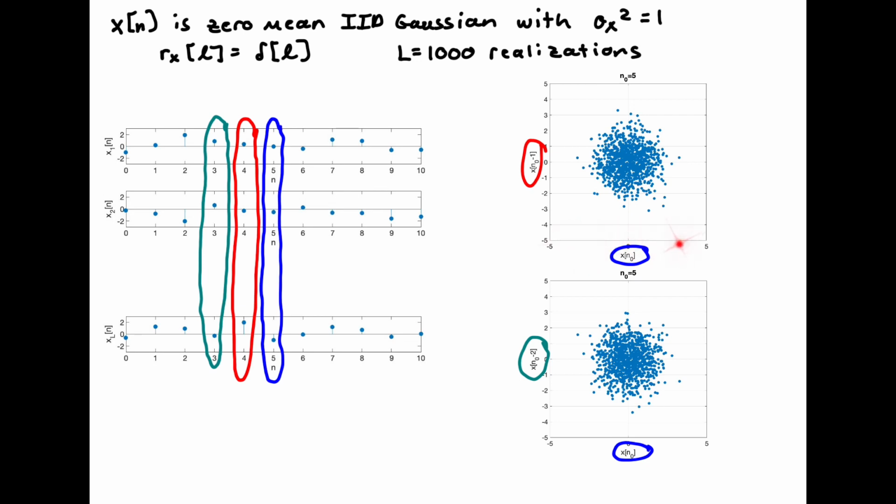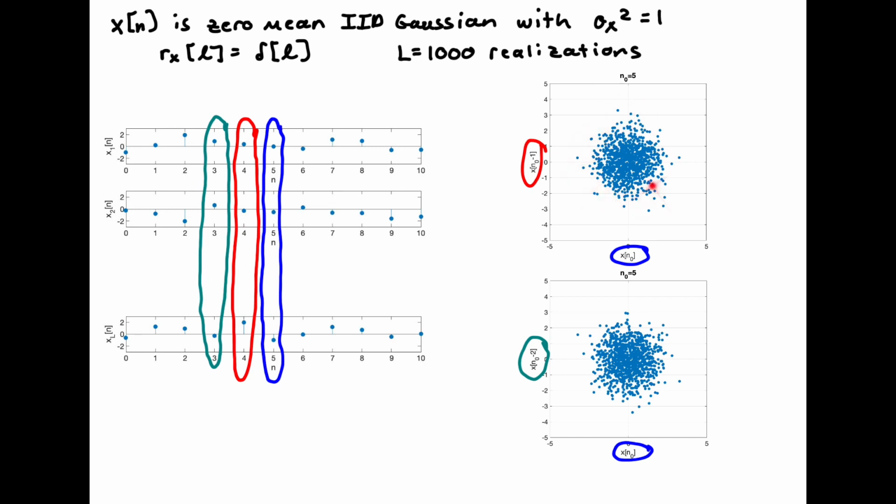So here all of these realizations are on the x-axis. This is the blue, the x of n0, which is n0 equal 5 in this case. And then I'm going to plot that versus the points at n equal 4, which is this set of points.